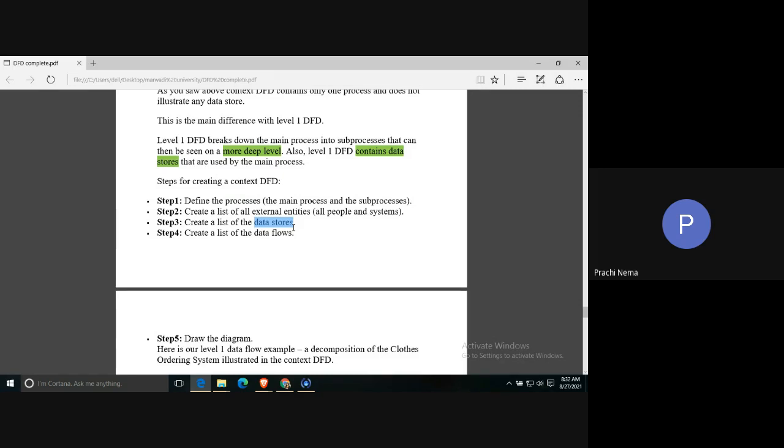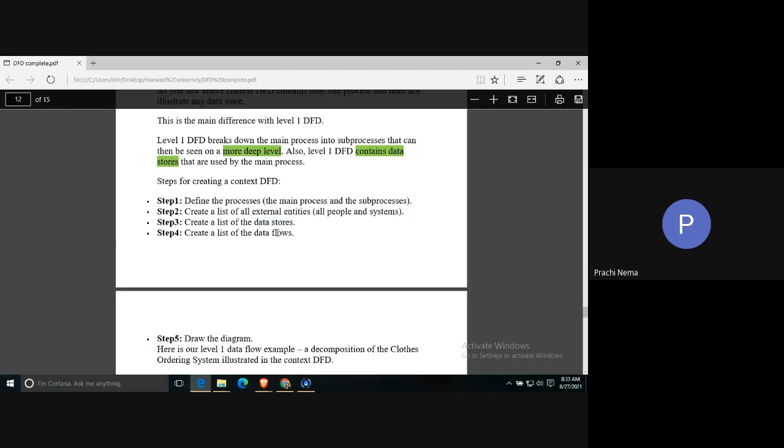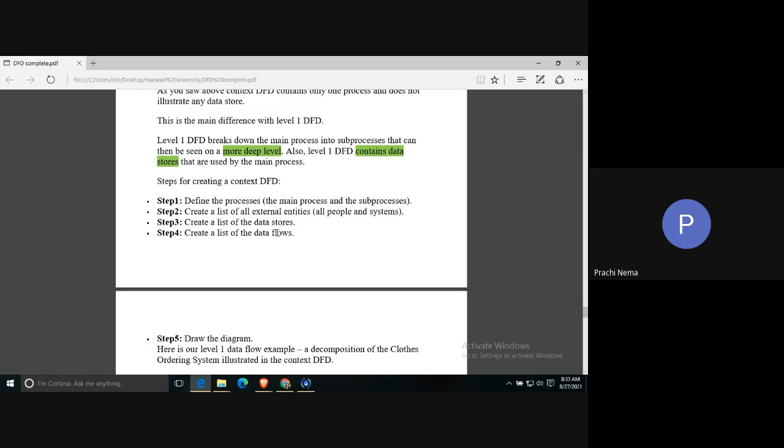So the third step says you need to include the data store or databases of your system. Fourth is same, you need to create a list of the data flow, that is the information flow. Okay, that is the information flow which would be there in your system.